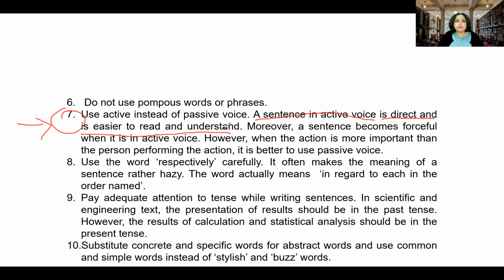Moreover, a sentence becomes forceful when it is in active voice. However, when the action is more important than the person performing the action, it is better to use passive voice. So yes, this is a sort of introduction to what it really is. For passive voice, you will put the action as the noun or as the subject of the sentence. So that's a different way of writing in passive or in active voice.